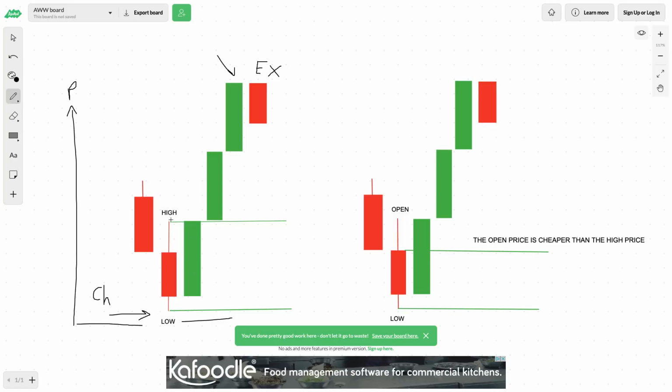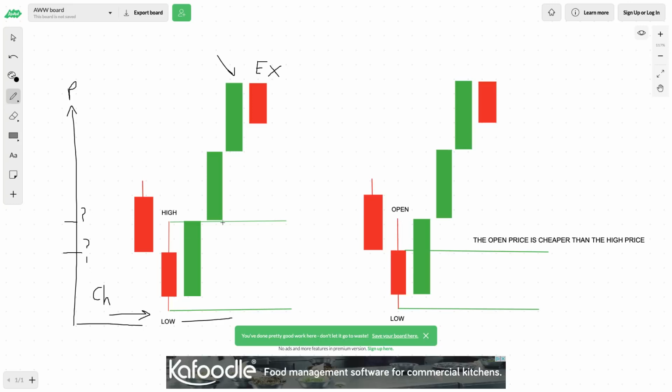If we were looking at the high wick price or the candle wick price, what price would you want to buy at? Or what would you say was cheaper? You would have to say that the open price is cheaper.